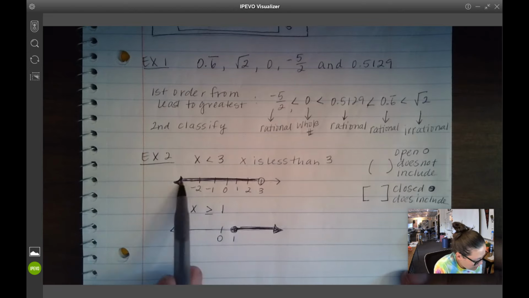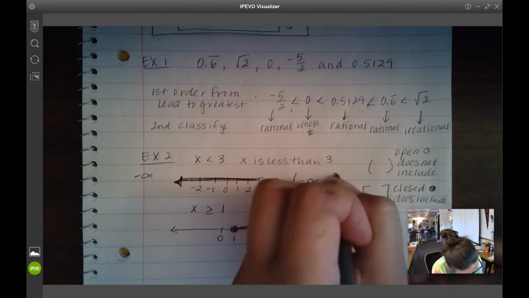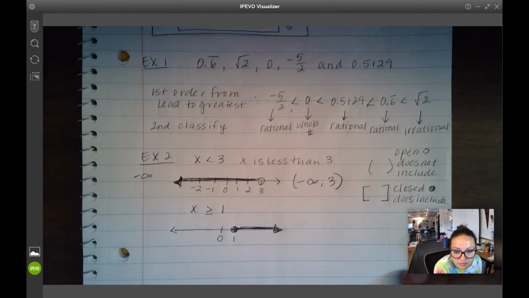So to write this in interval notation, we go from negative infinity to 3. Let's try this next one. If I look at this number line, I start at 1 and I'm going to positive infinity. So to write this in interval notation, we would have the closed bracket at 1 and then a comma and then up to infinity.